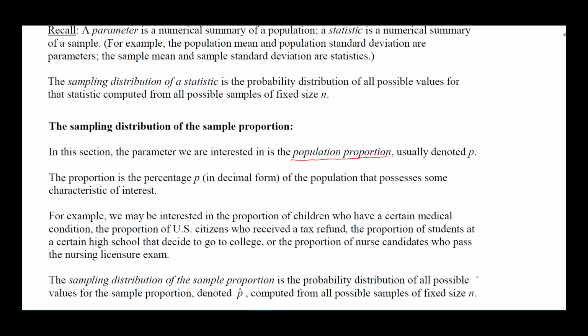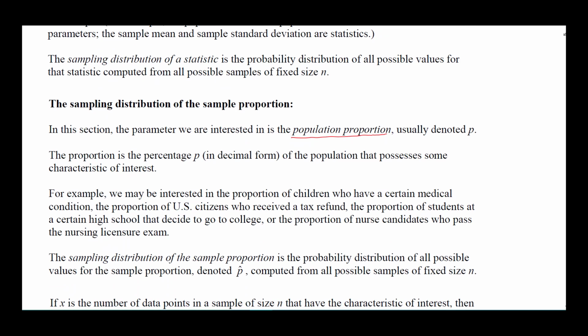Okay, and then the sampling distribution of the sample proportion is, for a fixed sample size of n, all the possible values that you can get for a sample proportion taken from a population. So if you have a population that has a certain proportion of whatever characteristic, and then you grab random samples of, say, 20 over and over from that population, then for each of those samples of 20, you could calculate what proportion of the 20 has the characteristic.